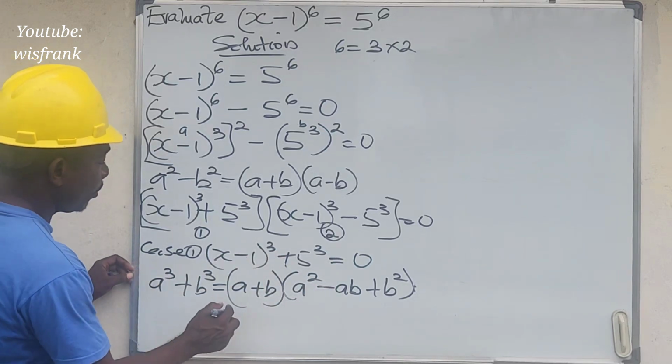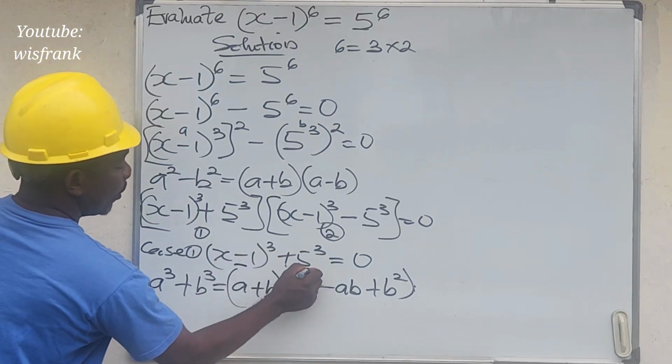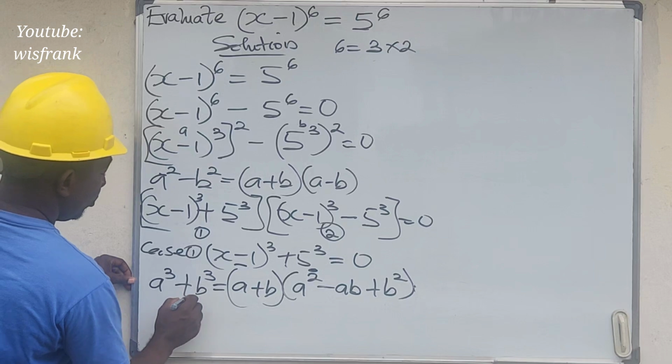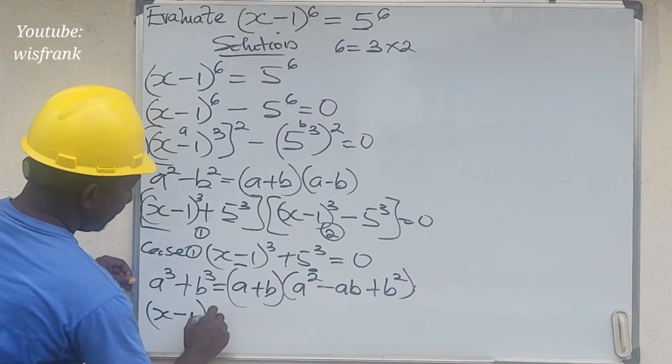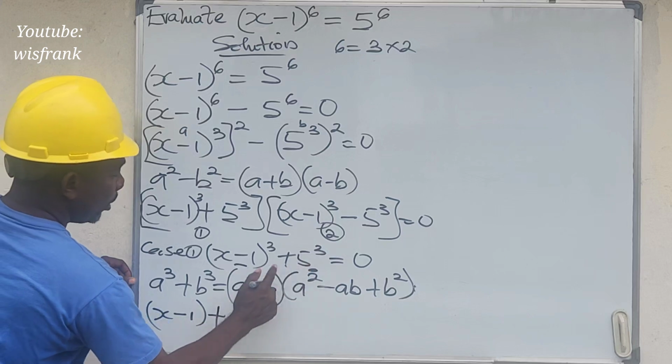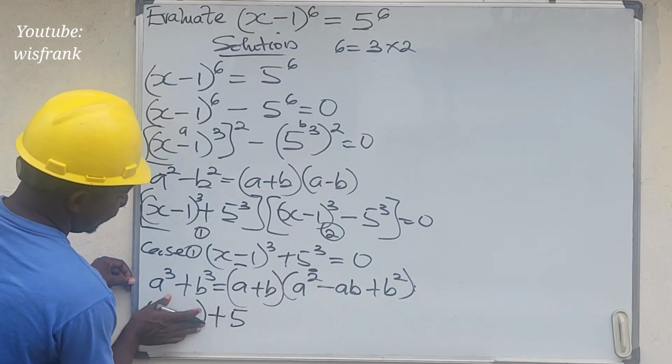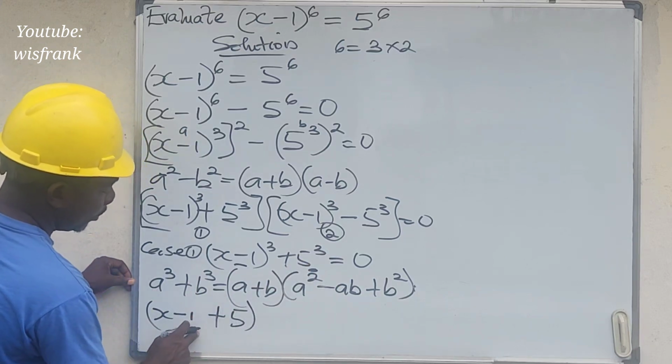This is our a and this is our b. So this will become x − 1, then plus b. Our b is 5. This is for the first parenthesis.